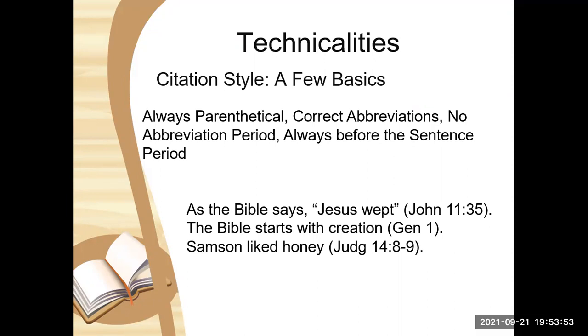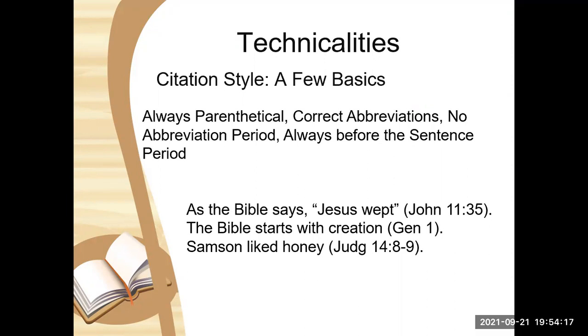The second one, the Bible starts with creation, and I'm citing Genesis 1. This is not a quote, so I figured I'd use something that is just a summary, so there are no quotation marks in this one. You can see I have it as Gen, G-E-N, because that is the short form of Genesis, and I do not have a period.